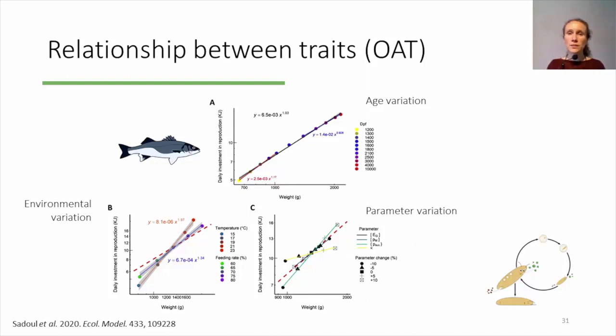They examined the relationship between these two traits that was generated by just age variation between individuals or environmental variation in food and temperature, and then DEB parameter variation between individuals. And they found that the observed relationship between reproductive output and size was best explained by either temperature variation between individuals or variation in PAM, in assimilation rate between individuals, but not well by the other parameters.